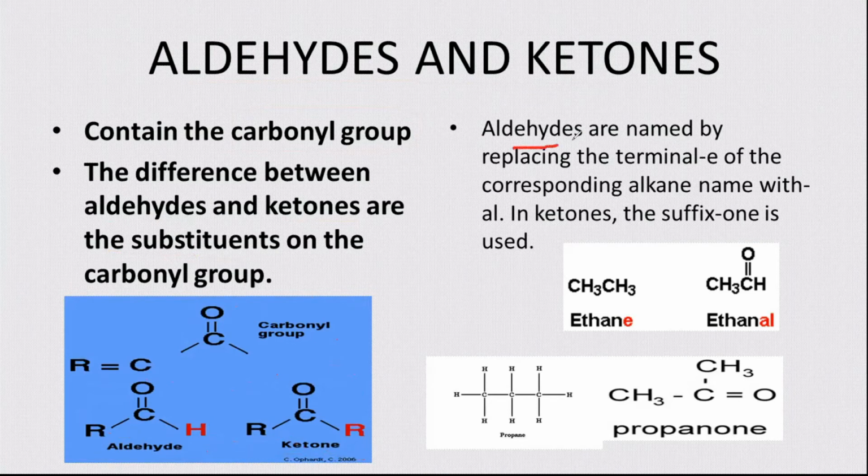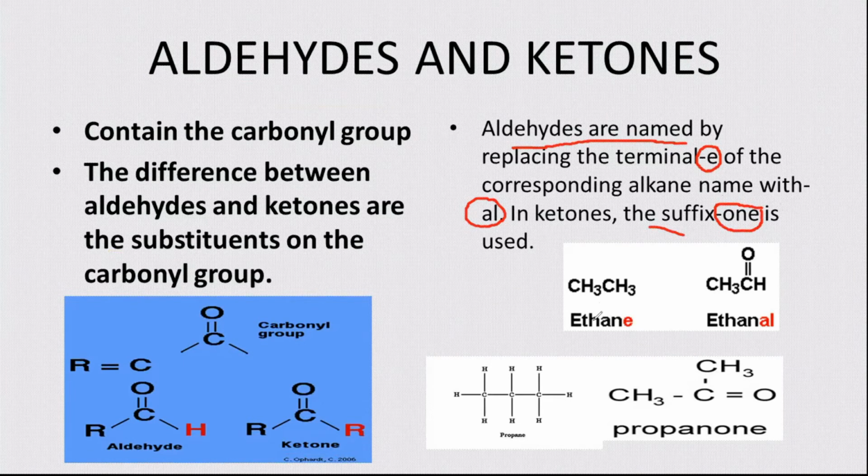Aldehydes are named by replacing the terminal E of the corresponding alkane name with -al. In ketones, the suffix -one is used.